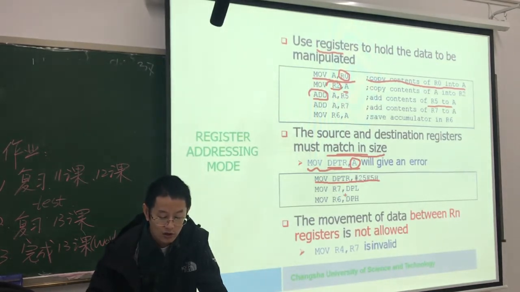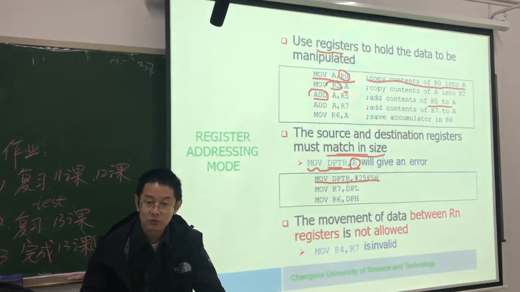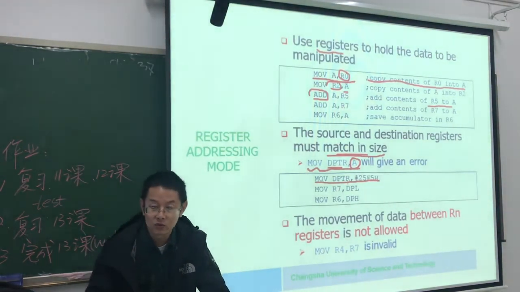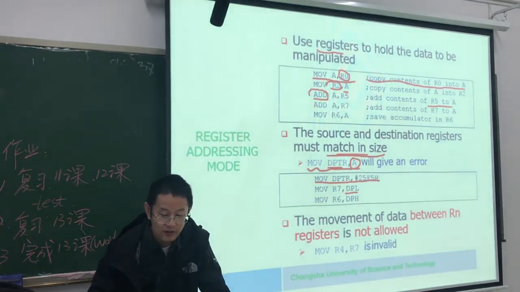If you store the DPTR into R registers, you need to separate DPTR into two parts, DPL and DPH. The movement of data between R registers is not allowed, which means MOV R, R is invalid.